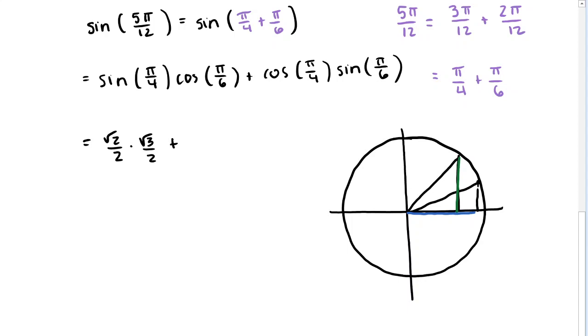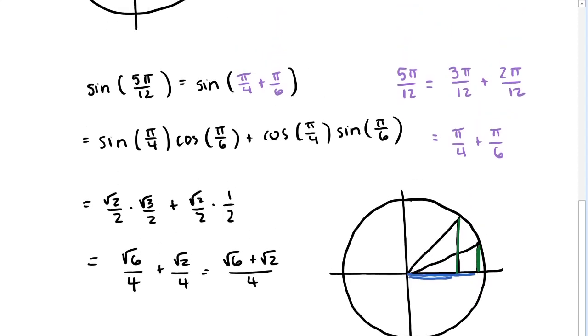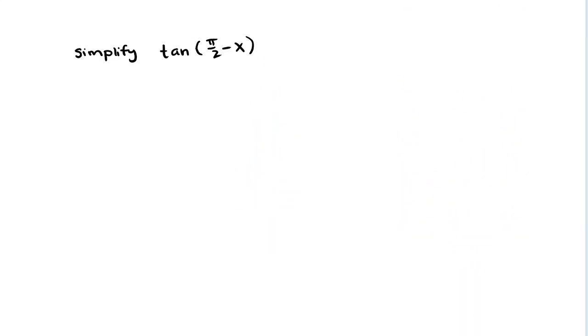We're adding that with cosine of pi over 4, which is also the square root of 2 over 2, times sine of pi over 6, which here is 1/2. So what we get is the square root of 6 over 4 plus the square root of 2 over 4, which is the square root of 6 plus the square root of 2 over 4. So actually we ended up getting the same value as what we saw earlier.